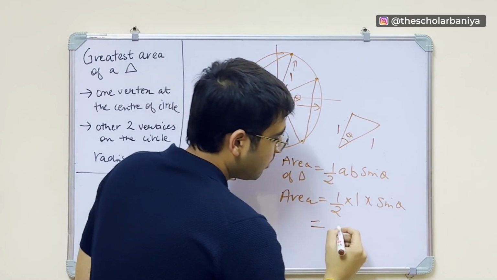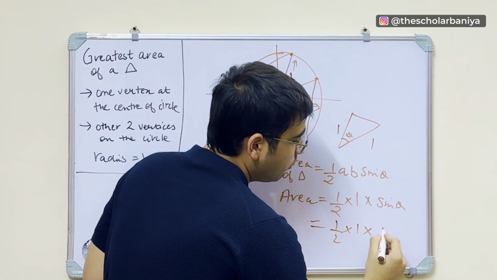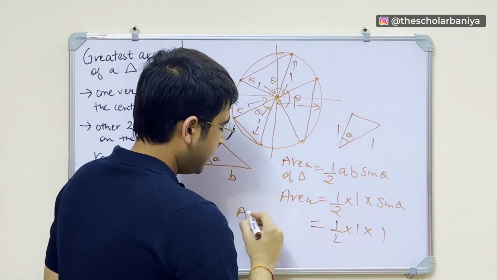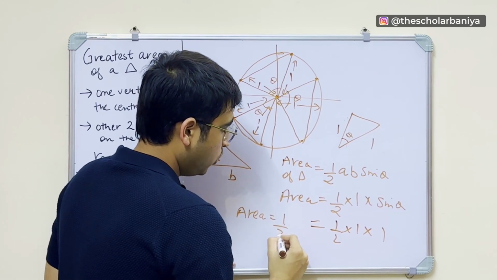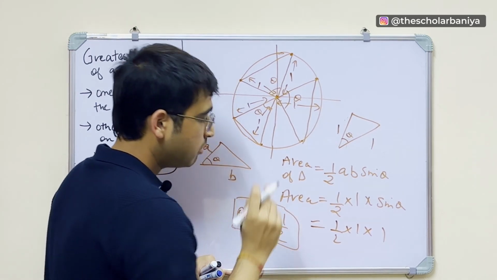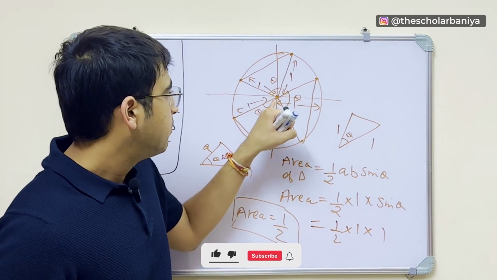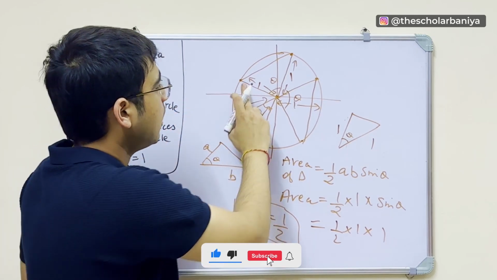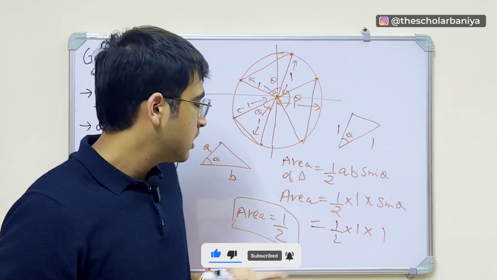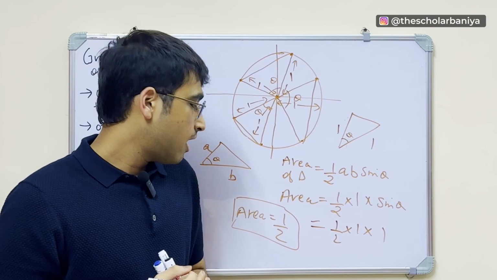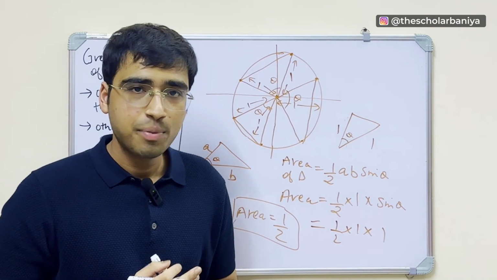So the maximum area becomes half into 1 into 1. So your area basically is 1 upon 2. This is the maximum area of a triangle with one vertex at the center and the other two vertices on the circle. So your answer is half, 1 by 2. I hope this should be clear.